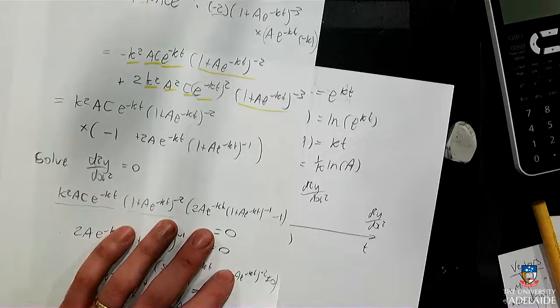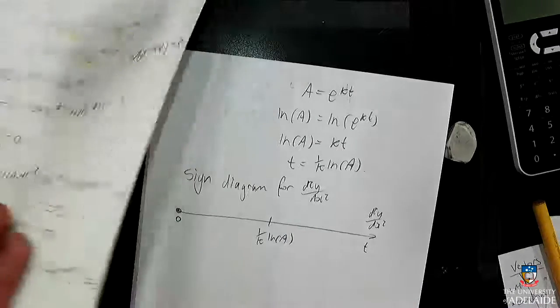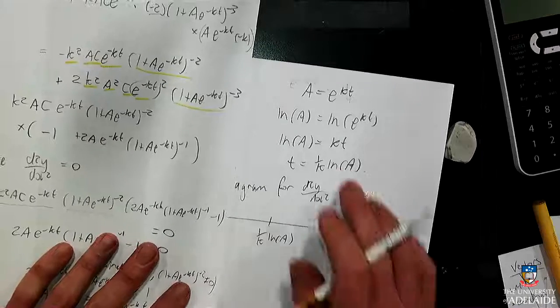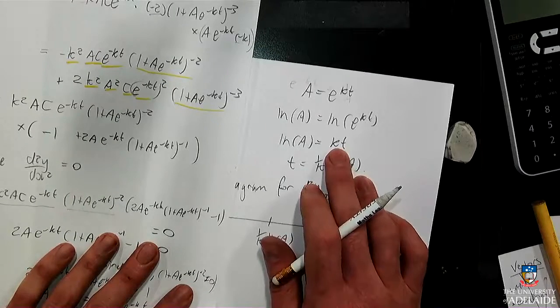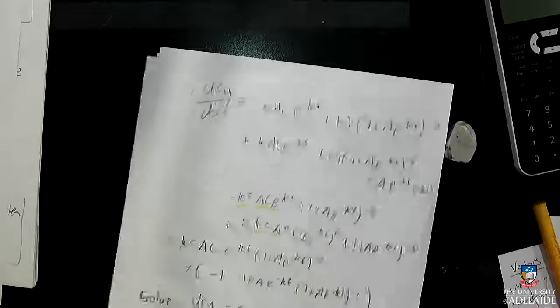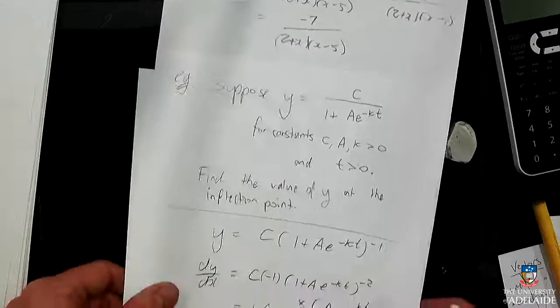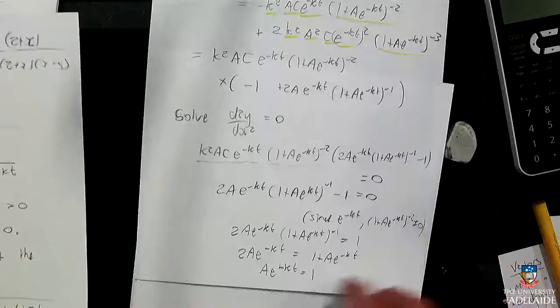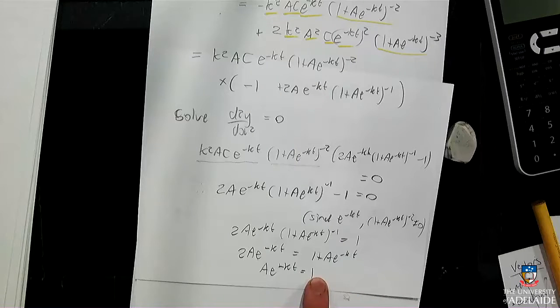Well, kt is ln a, right? Minus kt would be ln of 1 over a, which is interesting. In fact, actually, a e to the minus kt, when I did my working, where'd it go? a e to the minus kt is 1, right? So if t is even bigger, I'll be having e to the minus kt with an even bigger number, which would be a e to the kt even bigger.